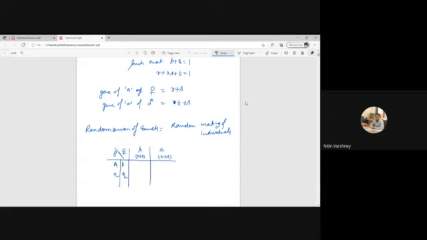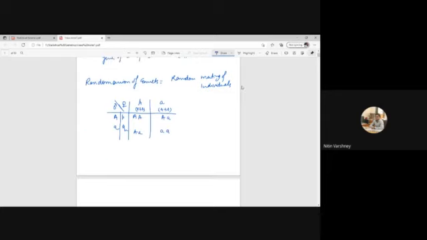Now I will make the cross, capital A capital A, capital A small a, capital A small a, small a small a. So we will get random mating of individuals for the next generation. So this will be capital A capital A, capital A small a, small a small a.